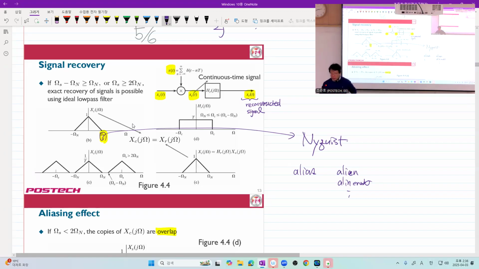What kind of magic? We have uncountably infinite pairs of t and the value of the continuous time function.